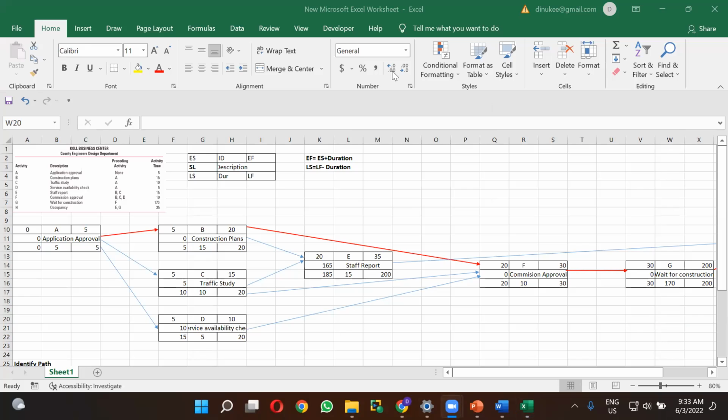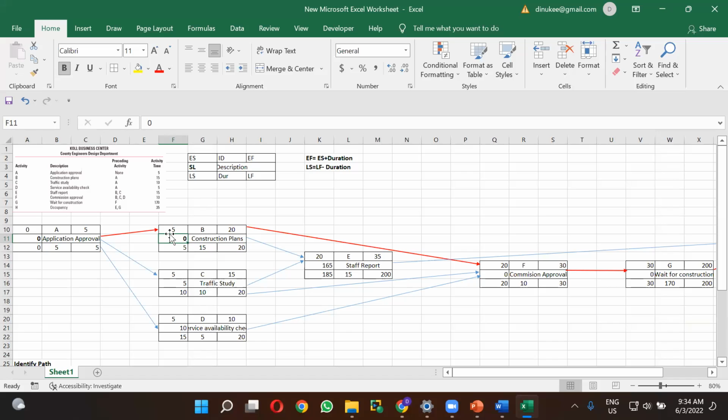The nodes that have zero slack can be identified as the critical activity. So for activity A, there is zero slack, and for activity B also, there is zero slack. Therefore, you can connect those two activities now by using a different color.